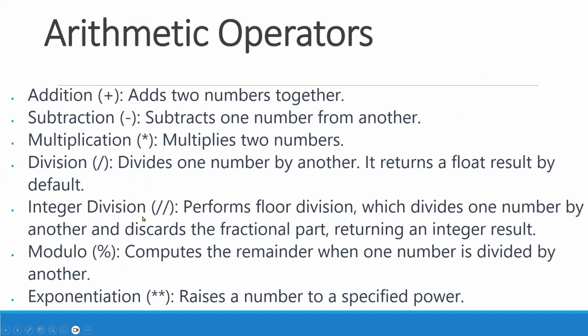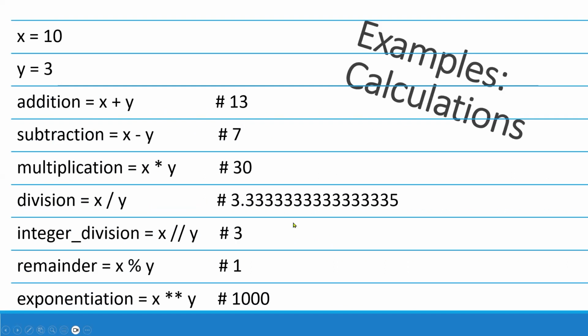An integer division performs floor division, which divides one number by another and discards the fractional part, so it'll return an integer result. And as you can see here, instead of this float number, an integer is the result.